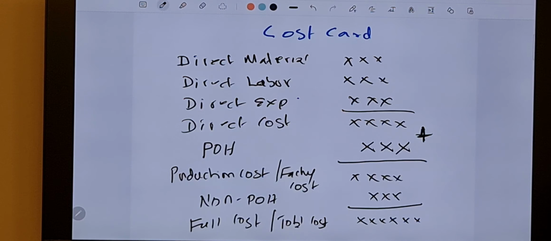Now, when you come to non-production overheads, in your P&L, profit and loss account, after sales, we'll study that in F3 also, after the cost of goods sold you will get your gross profit. The cost of goods sold, indirectly we can say, is a type of direct cost.